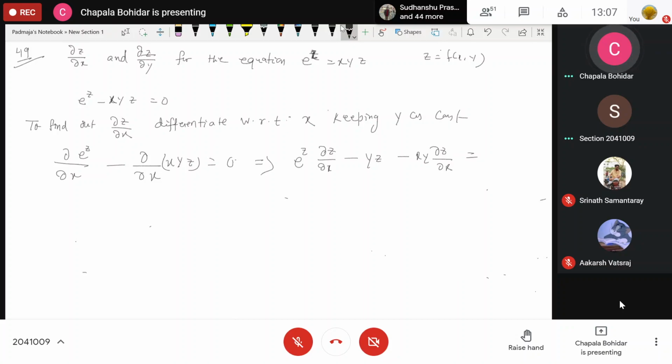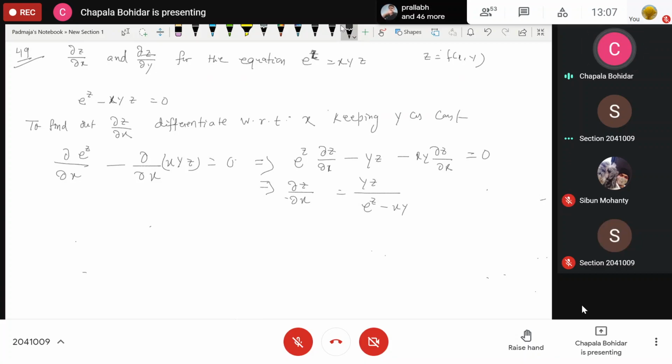Clear to all of you? Yes, ma'am. So what is the value of del z by del x? This implies del z by del x equals yz by e to the power z minus xy. Similarly, find del z by del y. Tell me the result. Same, only in the place of y it is x.